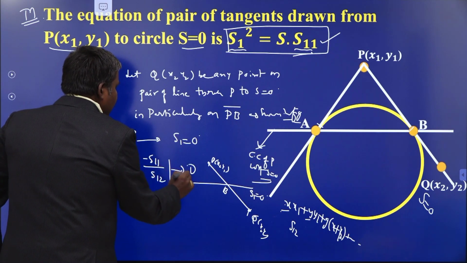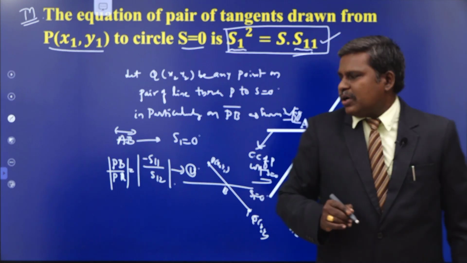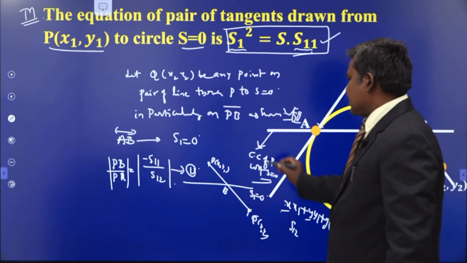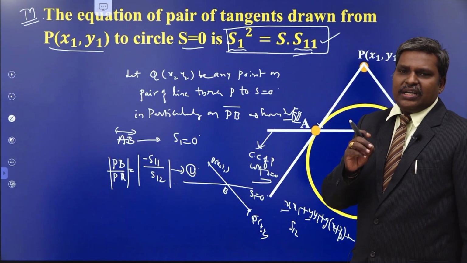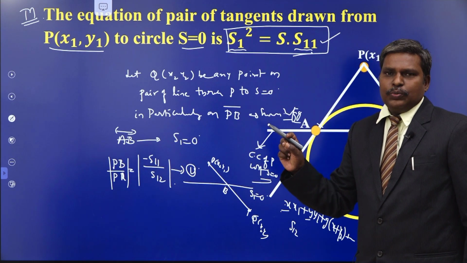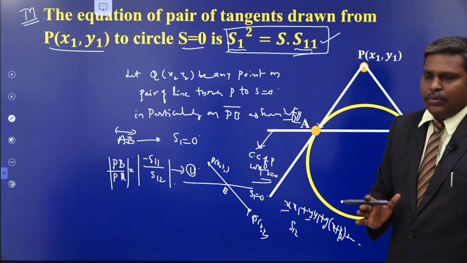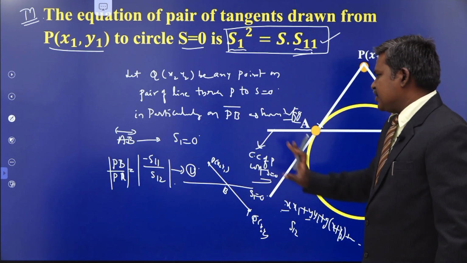This is equation number 1: PB by BQ is equal to the modulus of -S11 by S12, by the first year concept itself. I repeat the concept once again: the line segment joining (x1, y1) and (x2, y2) is divided by the line L = 0 in the ratio -L11 : L22. That is the first concept.